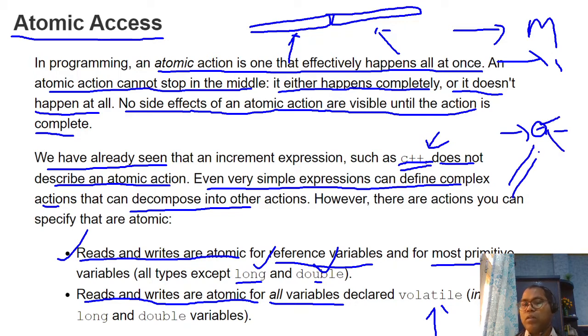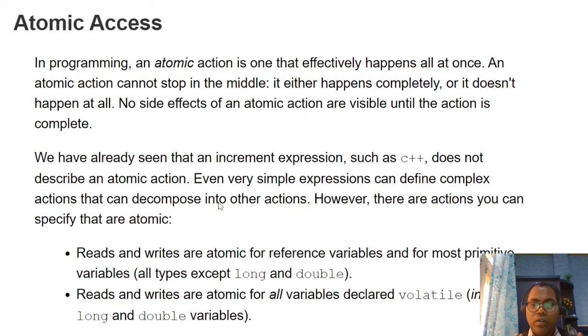Atomic means the operation either completely happens or is completely ignored, with nothing in the middle. So the guideline is that your operations should be atomic in a multi-threaded environment, so that your business logic is not corrupted.